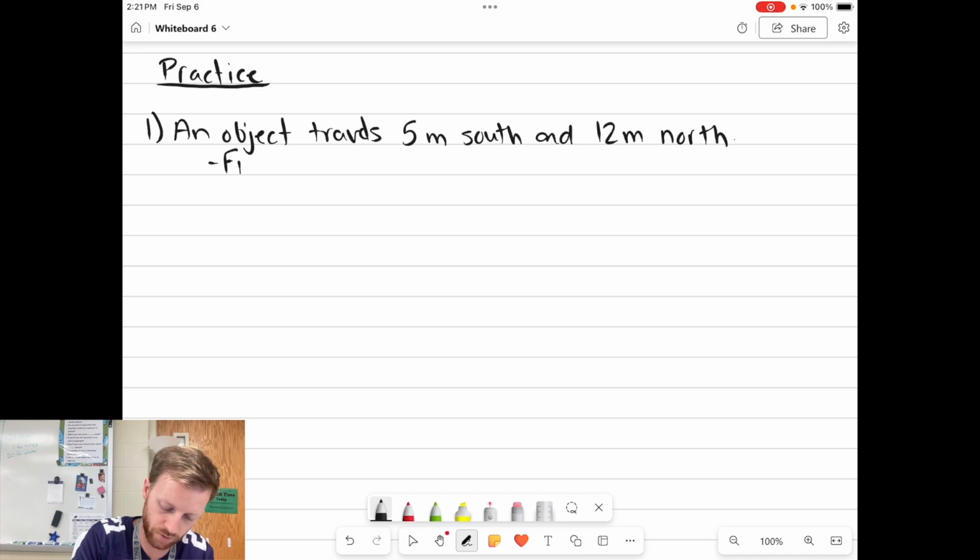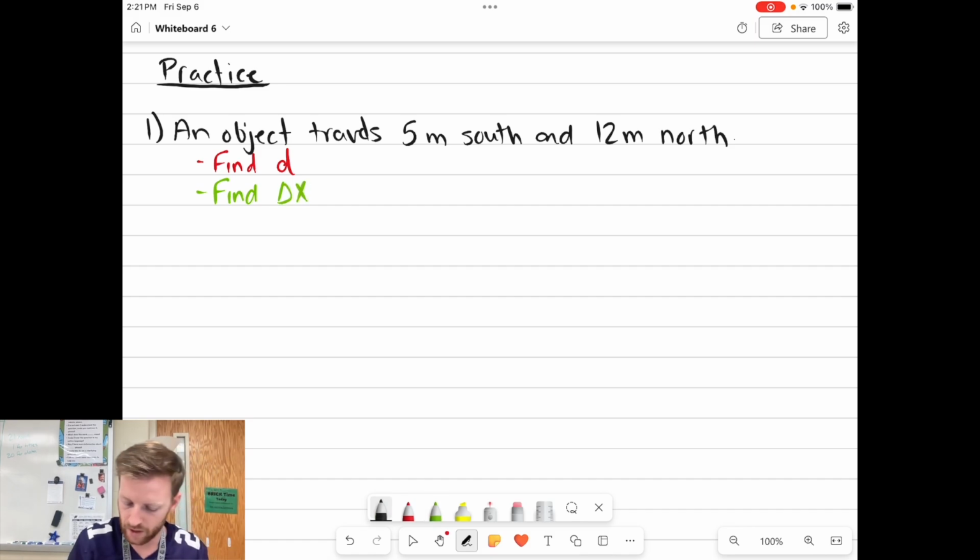Our goal is to find, actually let's do that in a different color so we can do these separately. First we're going to find D, and then we're going to find delta x. So I'm going to start by drawing a picture of what happens here, and then we'll be able to hopefully better figure out these two things.